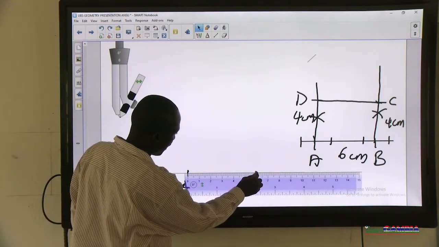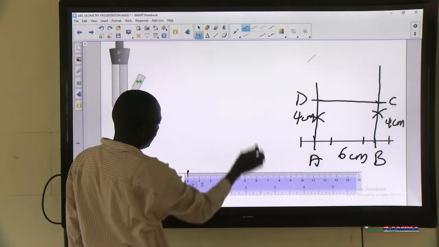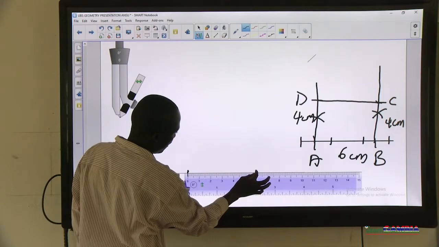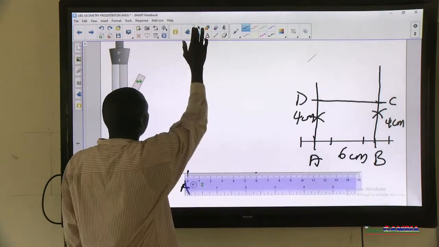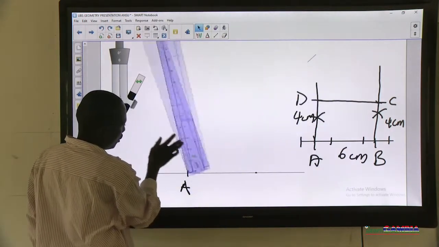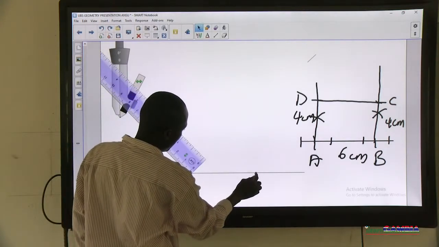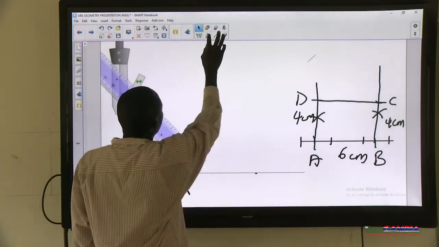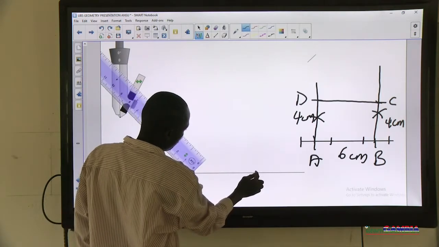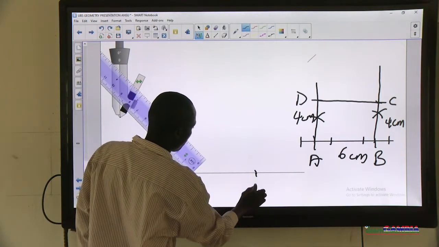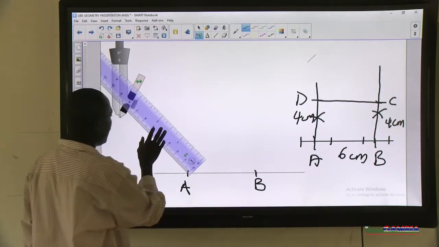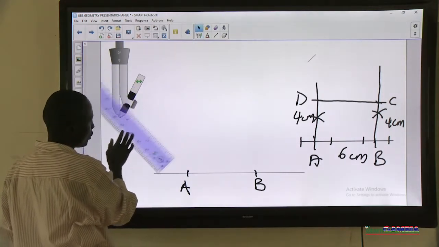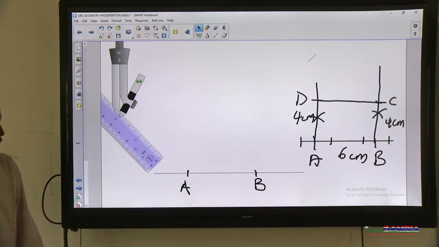I mark a point there. So this point here is my point B, and it is 6 centimeters long.